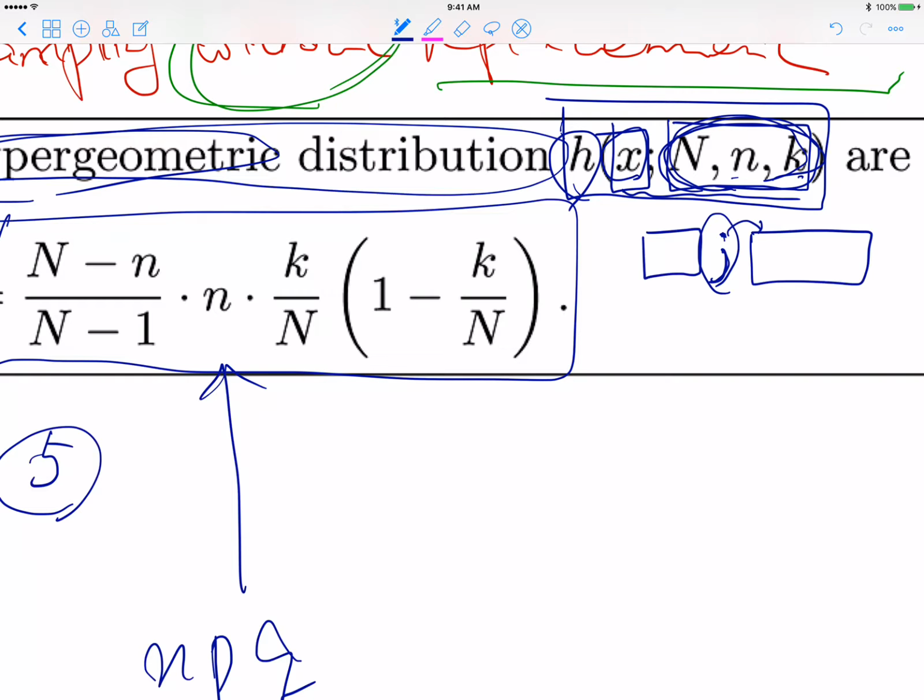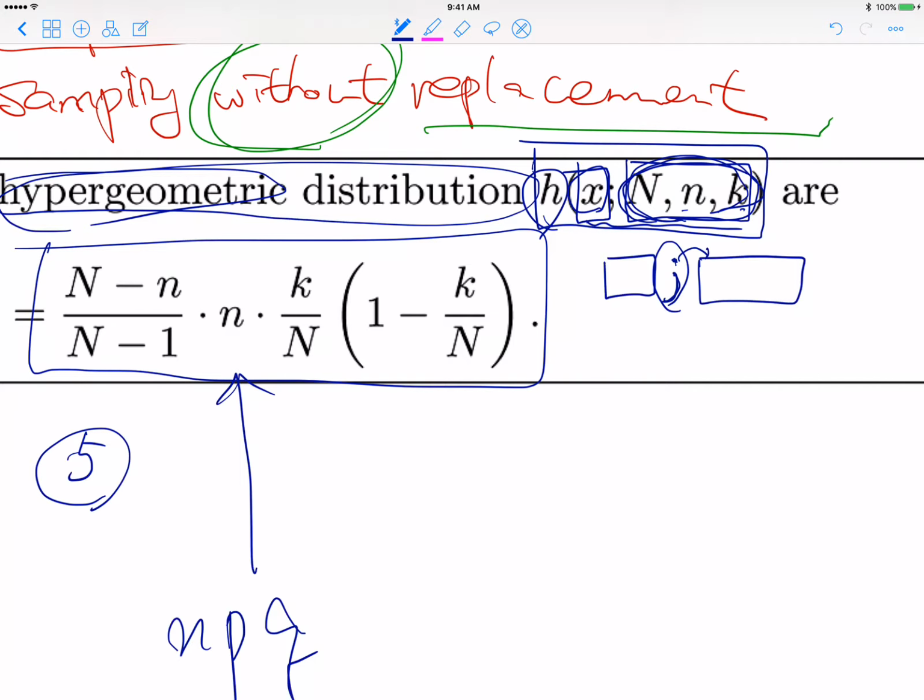So let me just remind you what we learned about this hypergeometric distribution. In order to specify the exact details of this distribution, we need three numbers. Large N is the total number of balls. Suppose we have red balls and white balls, and suppose N was like 1,000.